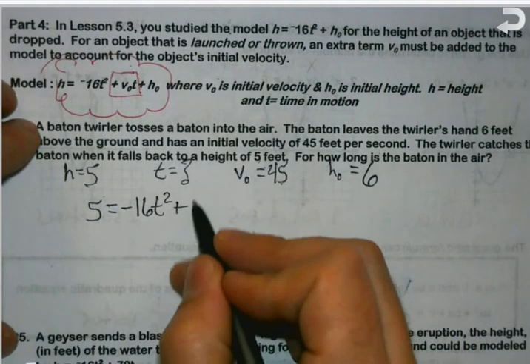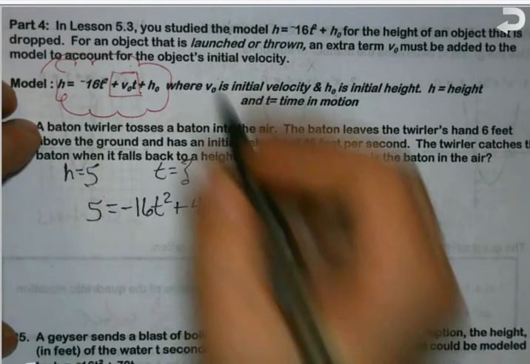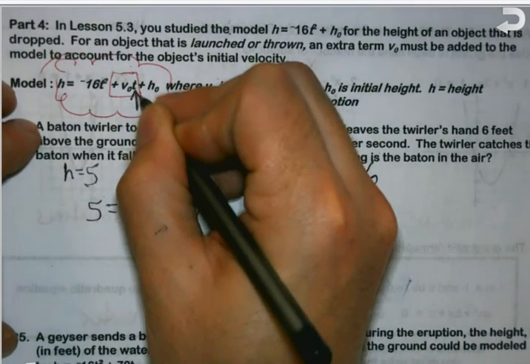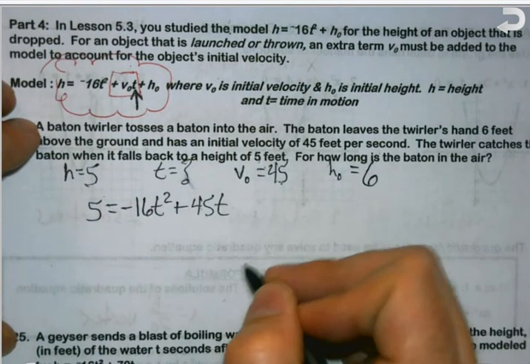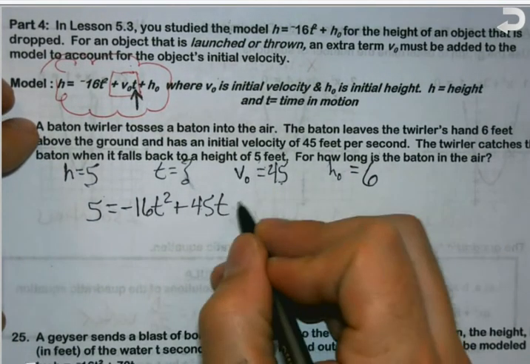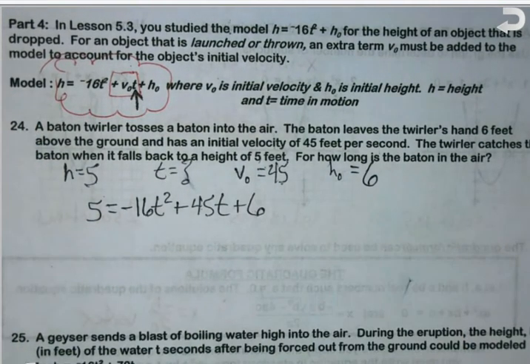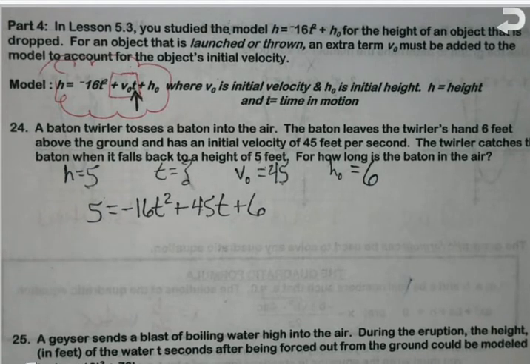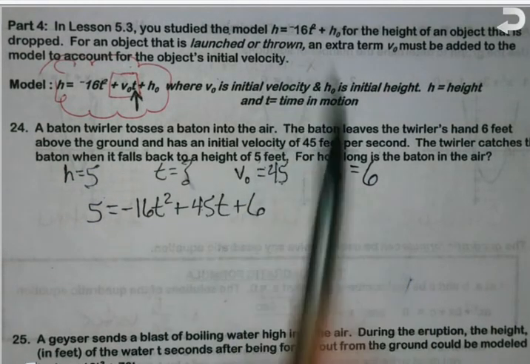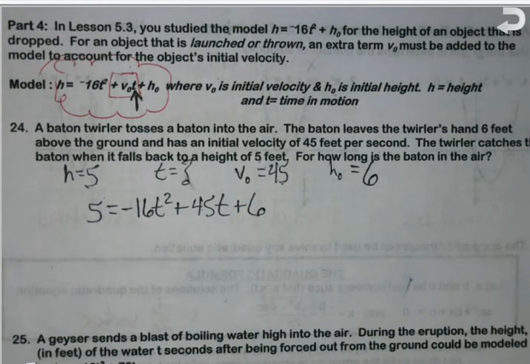Notice when I plug in the 45, there's a t that's part of that. So don't lose the t. The quiz problem is more like using this, like we did in 5-3. But yes, it was very similar.